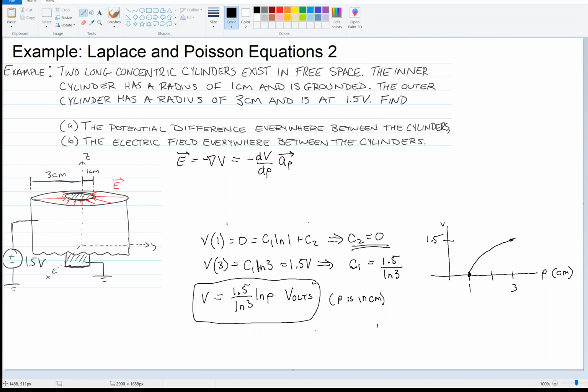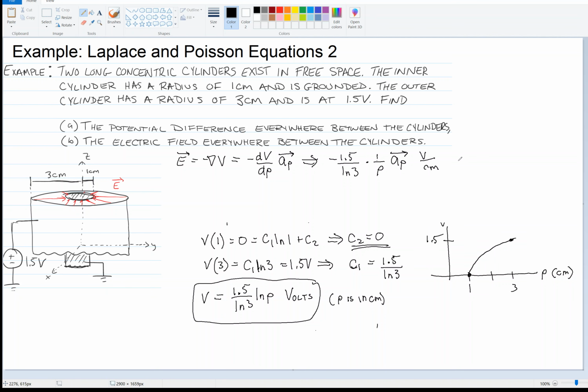With V equal to this expression, we take the derivative with respect to rho. Everything else is a constant, so the derivative of the natural log of rho is 1 over rho. So we've got negative 1.5 over the natural log of 3, there's our constant, times 1 over rho, that comes from the differentiation, and then the a rho direction, and this was in volts per centimeter.